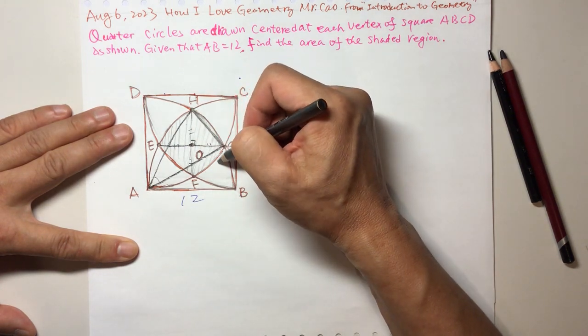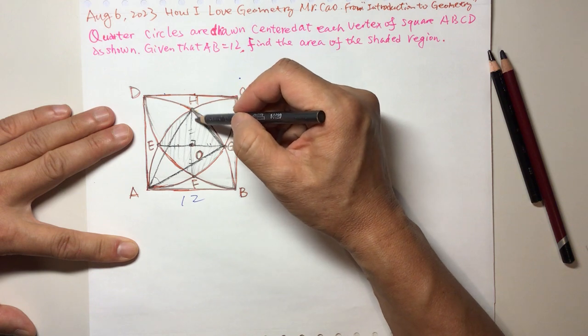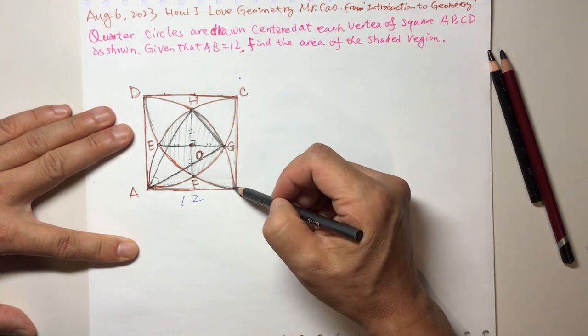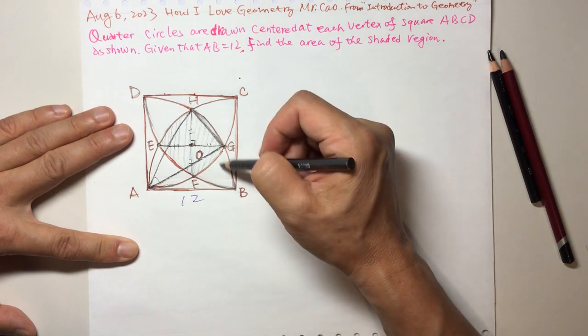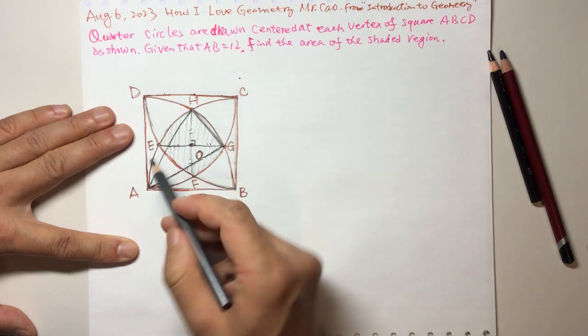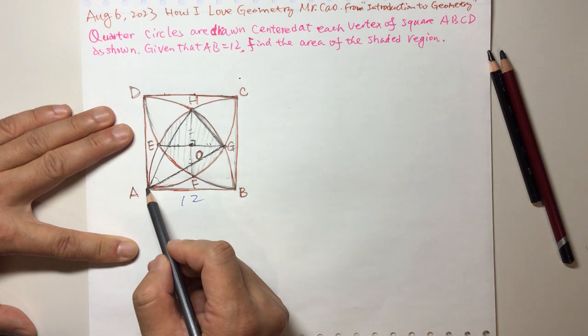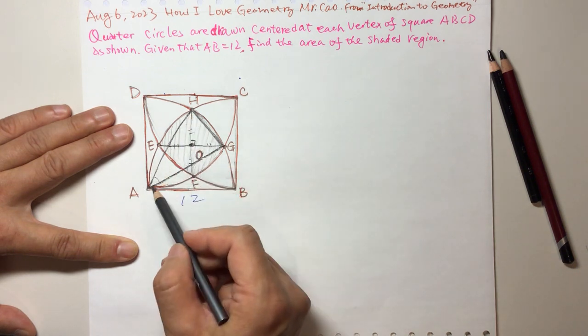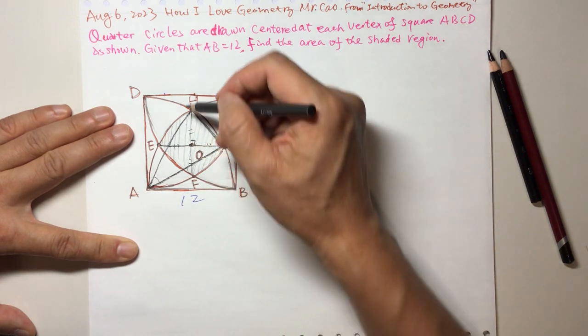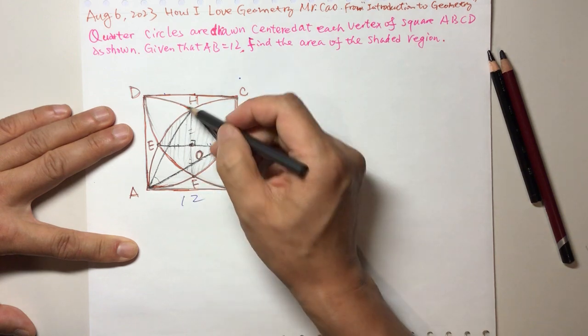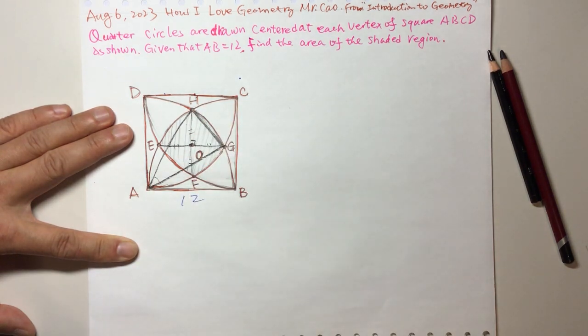HB will also be the radius, since the circle's center is B, so AB and HB are the same radius, and for the quarter circle from the center A, we know AH equals AB. So if we connect HB, ABH will be an equilateral triangle.